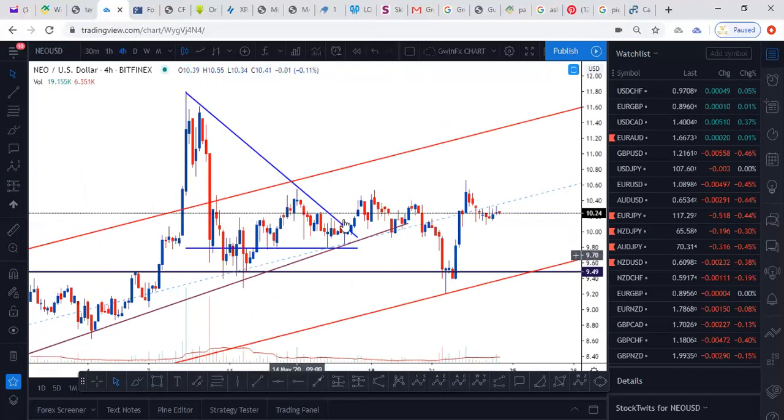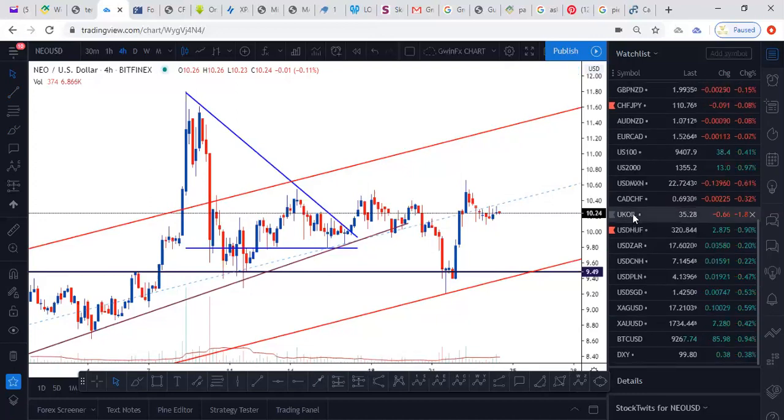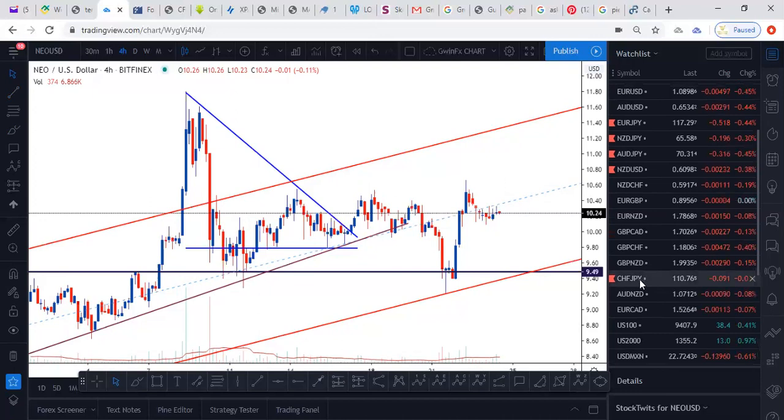After the market made this ABC, we want to buy, targeting this zone back, and we are there. So we want to be doing the same to CHF JPY.